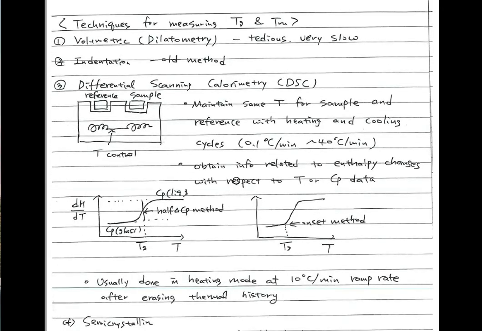Finally, let's briefly summarize the experimental techniques that we can use to measure Tg and also Tm. An old method is called dilatometry, which is used to measure the volume of the polymer sample.